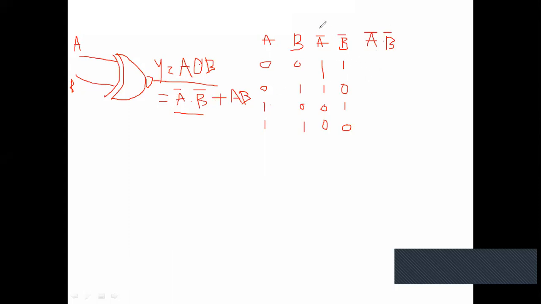Okay, for this expression A bar dot B bar, we know A bar, we know B bar. Now we are doing the AND operation between these two. Dot means AND operation, that is like a multiplication. So 1 1 gives 1, 1 0 gives 0, 0 1 gives 0, 0 0 gives 0. Okay, Amma. Now plus A B, A dot B. So now calculate A dot B also.